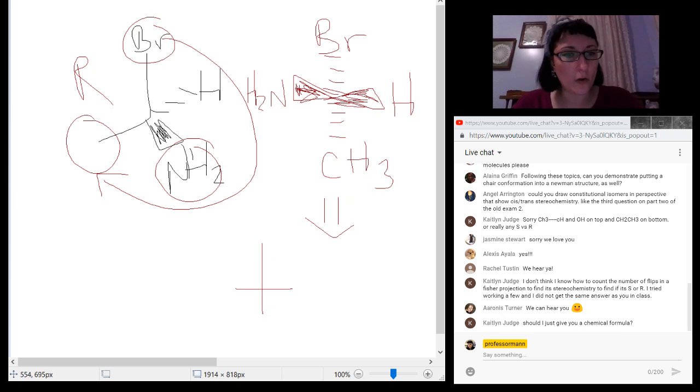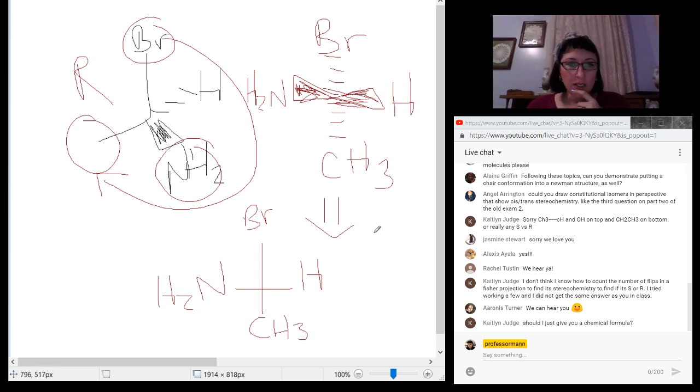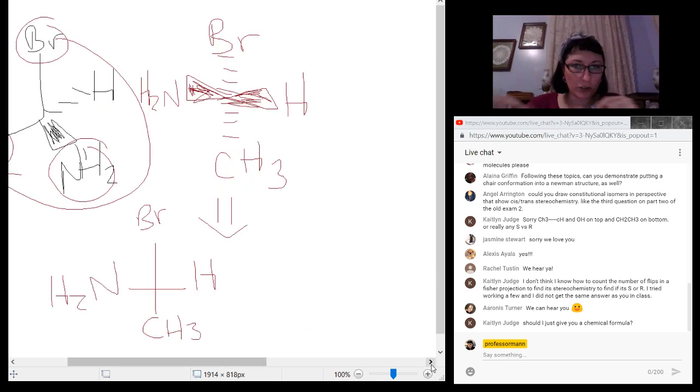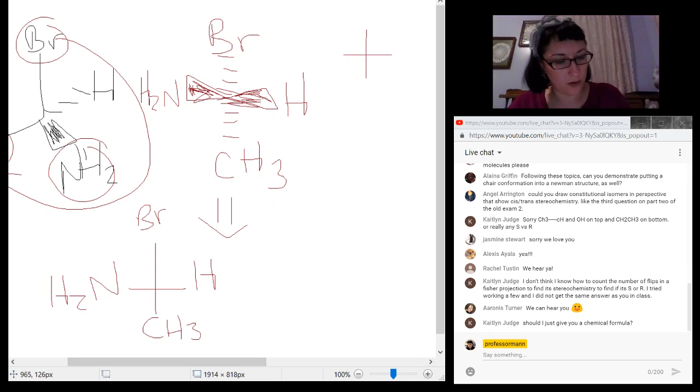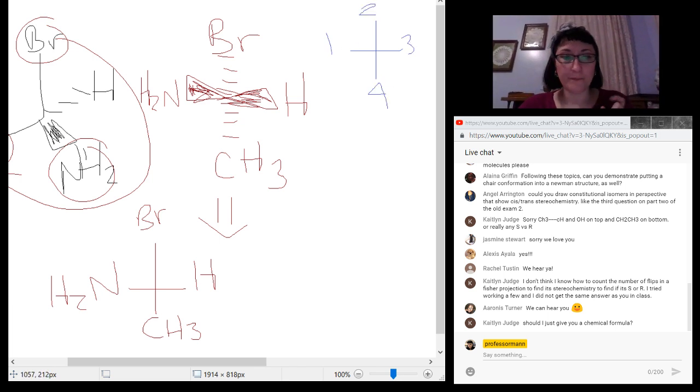Okay, so I've got my bromine on top, I've got my hydrogen on the side, I've got my amine on the left, and my methyl group at the bottom. So if I'm looking at this, I can tell that it does not look like the standard I have in my mind of 1, 2, 3, 4, right? That's what I'm trying to make it look like.